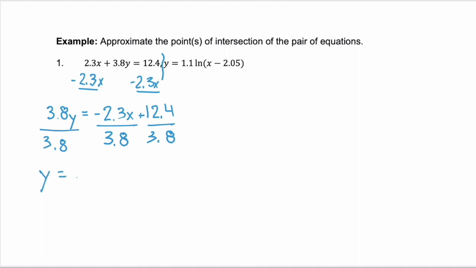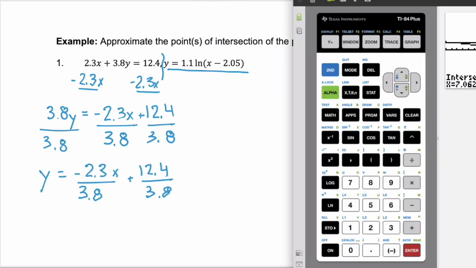So y equals, and we can just leave this as a fraction and let our calculator deal with it. Okay, we have our first equation and we have our second equation, right? And it's a natural log, which we can put into our graphing calculator. So let's switch over to our graphing calculator.